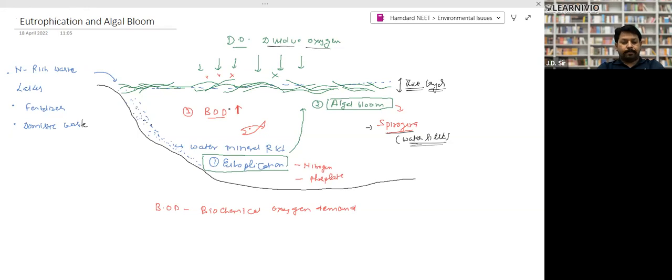That is called BOD, biological oxygen demand or biochemical oxygen demand.